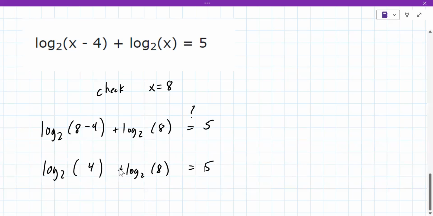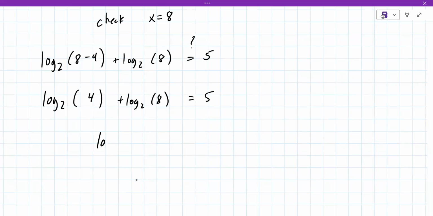Does that equal 5? We're not really sure, but when we have a sum, the sum becomes a product. So this becomes 32 because you multiply the two numbers together. And then if you recall, you can rewrite 32 as 2 to the 5th power. We were doing that a bunch the other day.